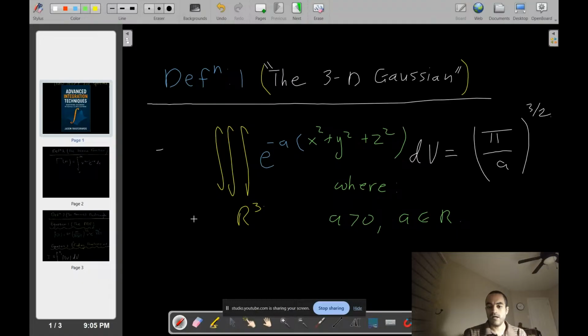Anytime you see these x squared plus y squared or x squared plus y squared plus z squared, you know you have to do some sort of change of coordinates approach here. But let me show you what that looks like geometrically, at least for the function e to the x squared plus y squared plus z squared.